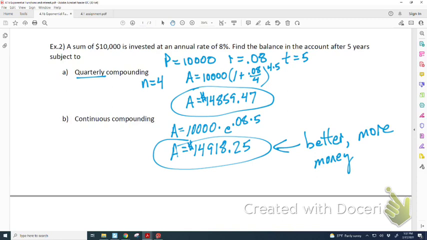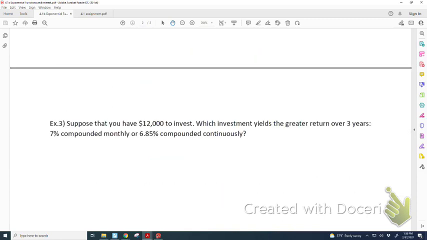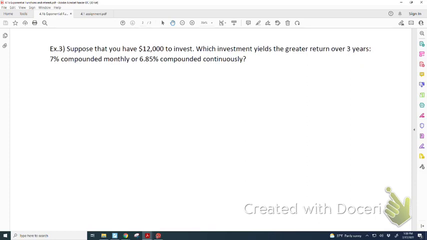All right, let's try one last one. Maybe hit pause, try and do it on your own. On this one, P is 12,000. We're investing for 3 years into 2 different accounts.